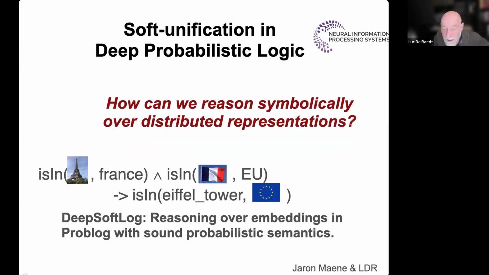There are also many other extensions that we have been looking at in our extension of deep probabilistic logic, of DeepProbLog, called DeepStochLog. We've also been looking into this soft unification that was in the neural theorem prover, and really look at how you can do soft matching between things like France and the flag and this kind of stuff.